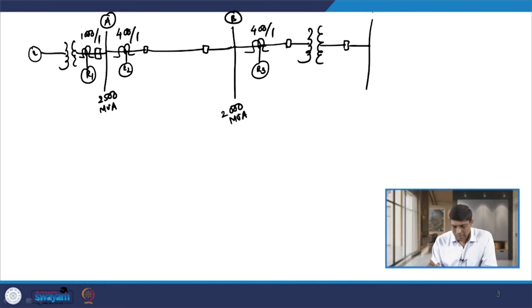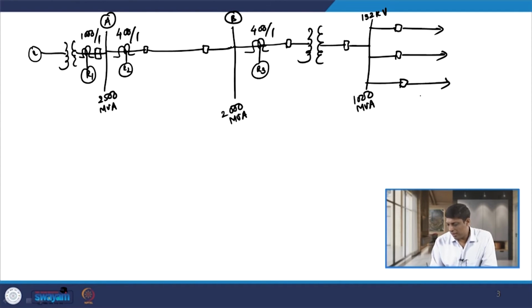With this background, this is a 132 kV bus, and the fault level given is 1000 MVA here, and we have different feeders from this bus. Let us assume that on one feeder we have a relay R4 whose plug setting is 100% and TDS is 0.1.